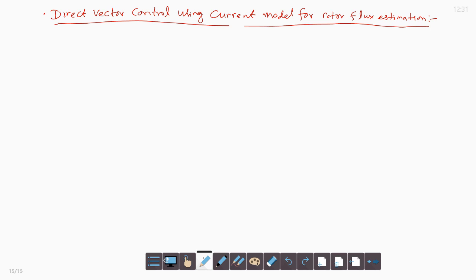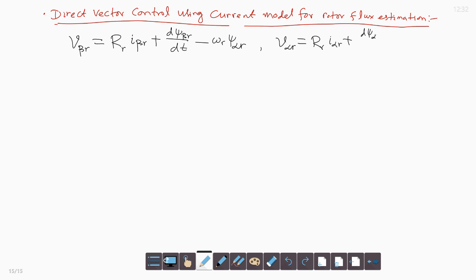So, we have already derived V beta R, the rotor voltage in beta component, is R into I beta R plus the transformer EMF d psi beta R by dt, and the rotational EMF is minus omega R into psi alpha R. That is the V beta R equation, and also we have the equation V alpha R, which is R into I alpha R plus d psi alpha R by dt plus omega R into psi beta R. These are the two relations.